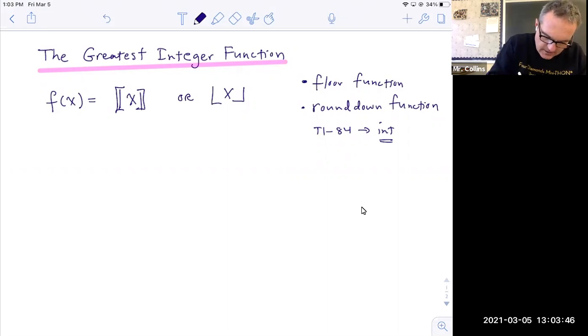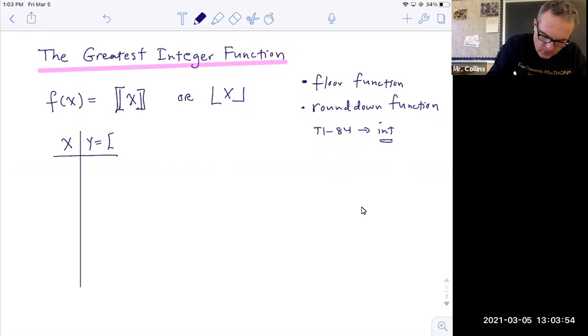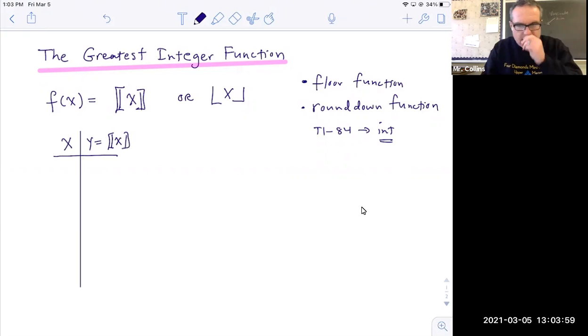let's go back to algebra 1 where we come up with an XY chart. Of course, my Y coordinate is going to be the greatest integer of X. What it does is it takes the X value and gives you the greatest integer less than or equal to that value. So if you put an integer in, you get the same integer out.